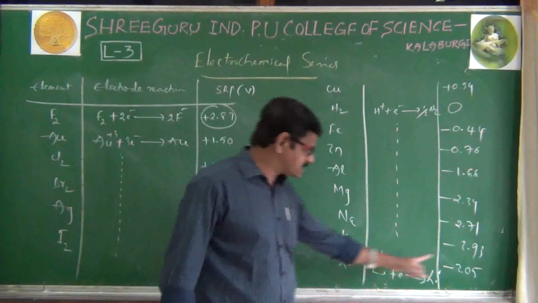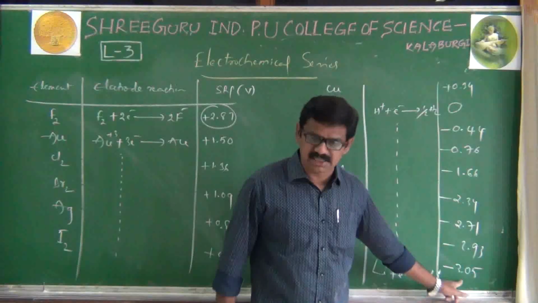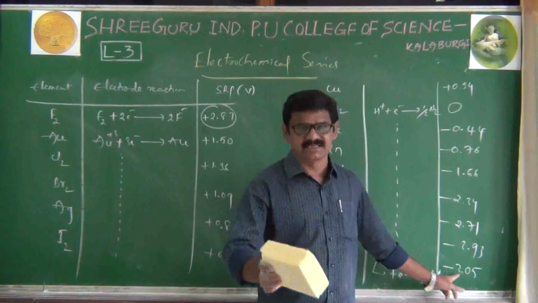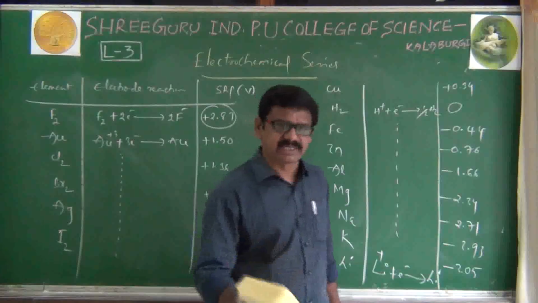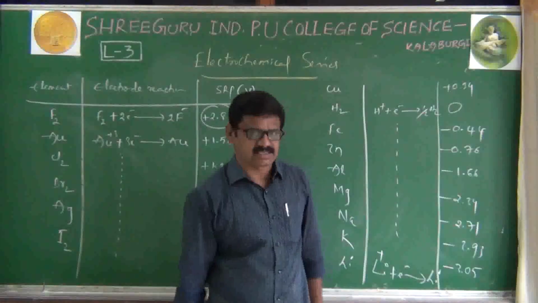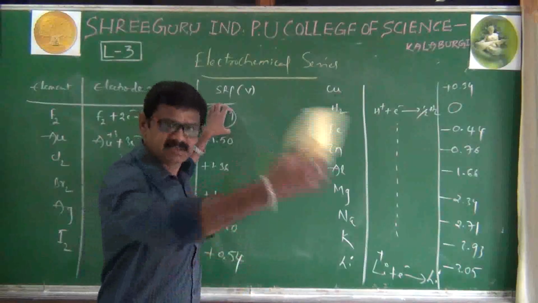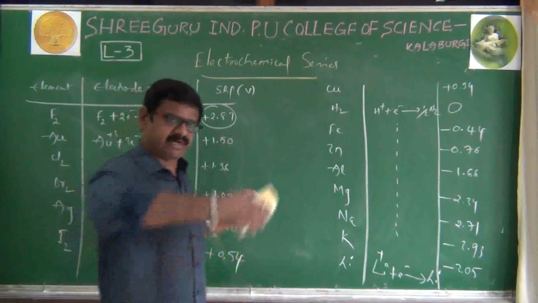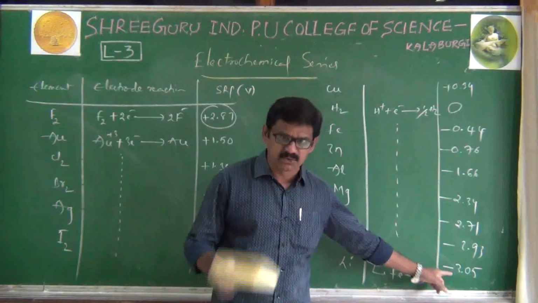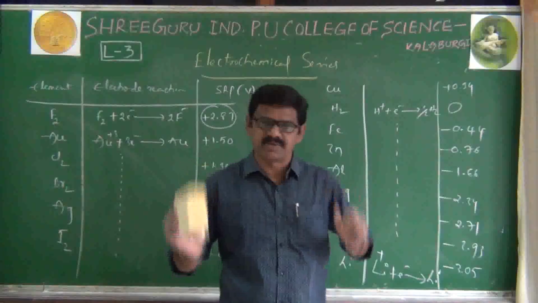If a reduction potential value is less, then that electrode does not participate in reduction reactions easily. It prefers oxidation reaction. I'll repeat once again. If a reduction potential is more, it prefers the reduction process. If it is less, it prefers the oxidation process. First you have to remember this point.